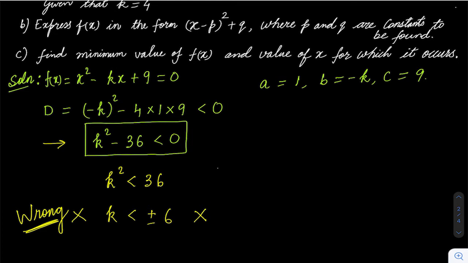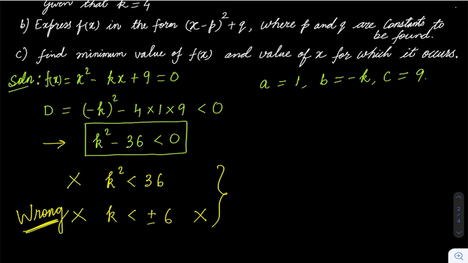This is a very bad practice. We are used to it: whenever we have a square, we just quickly take the square root and plus minus. But in inequality, this doesn't work. If k square is equal to 36, you take the square root and plus minus, so k is equal to plus minus 6. But remember, this is a wrong way of solving this.